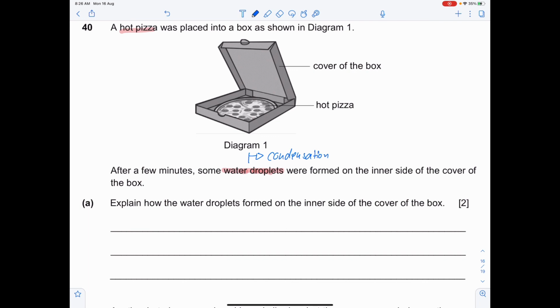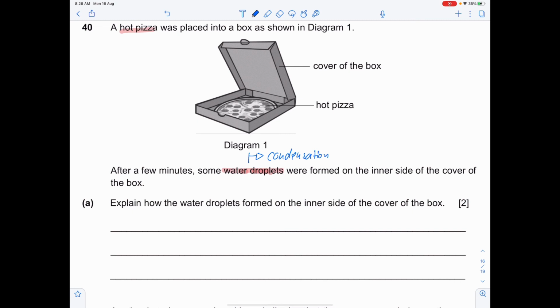When you first put the pizza into the cardboard box, there is already air in the box which has water vapor, but it's really not that hot. However, it would gain heat from the pizza because the pizza is hot, right? It came out of the oven. So that is another source of your water vapor.